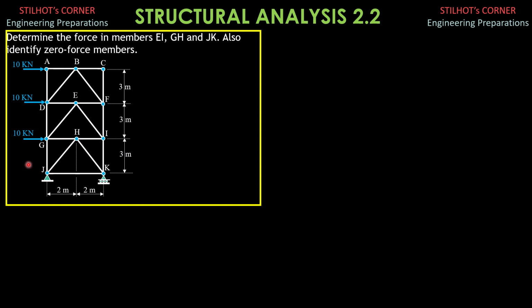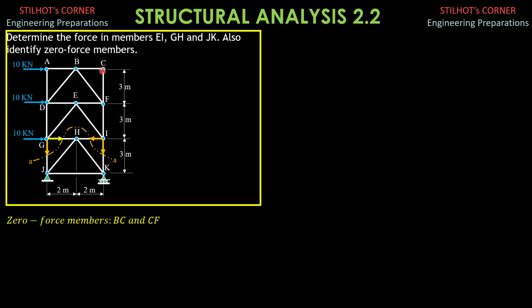So first, I consider this sectioning and the forces above that section. So the forces involved are the following as shown in the figure, and this is SGJ. But first, let's have zero force members.